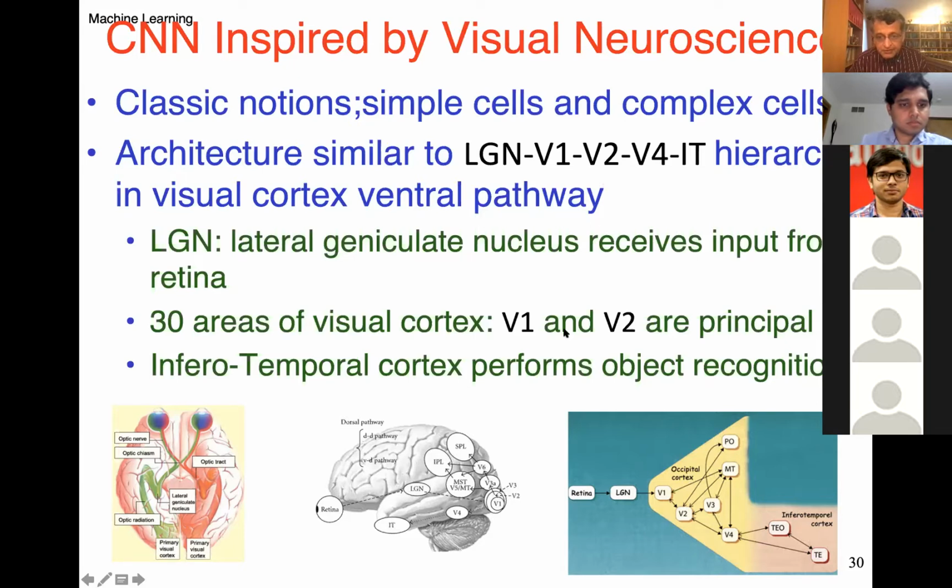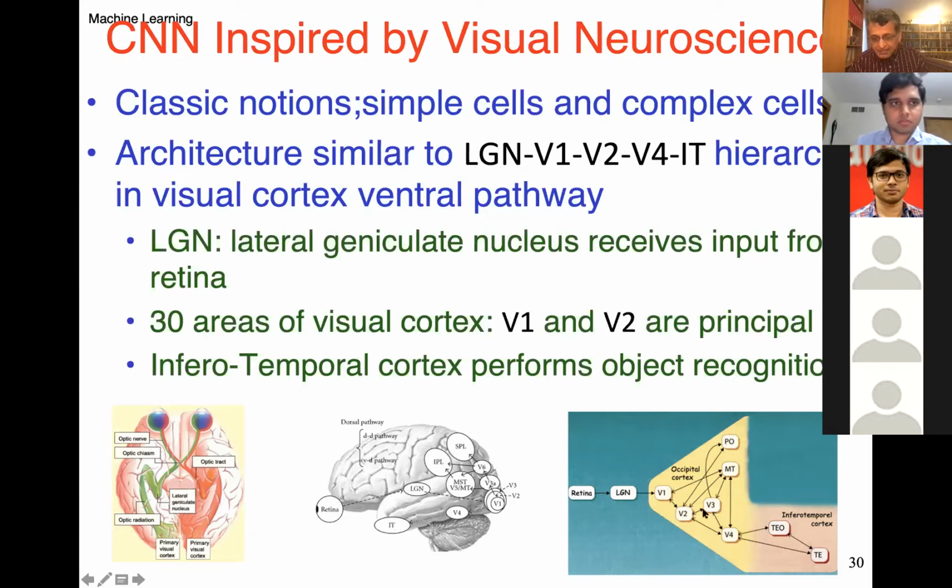There's also a V4 over here. And then there is an IT over here. All right, it's called the inferotemporal cortex. That's called the IT. LGN, lateral geniculate nucleus. Visual cortex 1, visual cortex 2, visual cortex 4, and the inferotemporal cortex. So that is over here. So V1, V2 are the primary visual cortex.